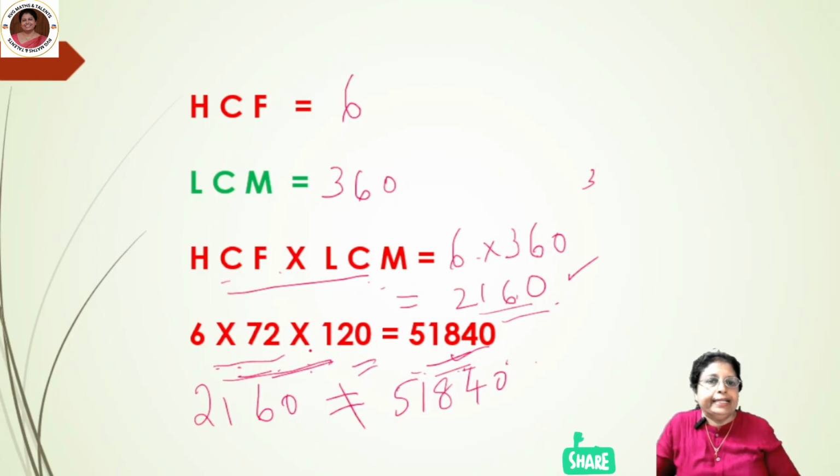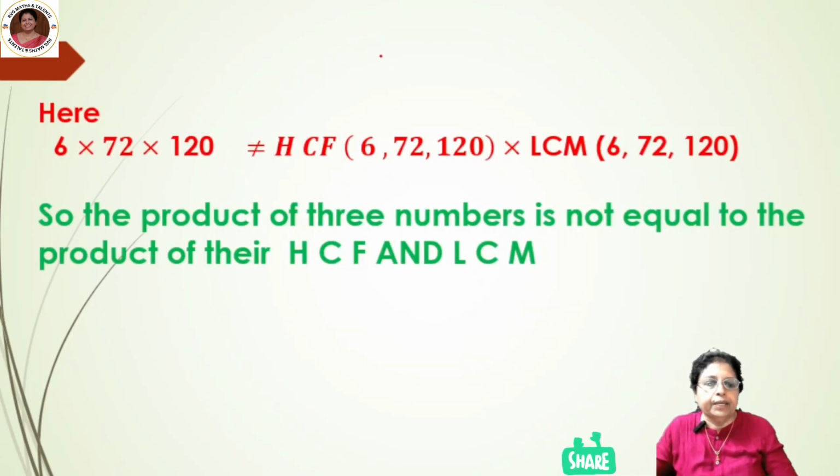That means in the case of two numbers we have seen a relation, but that relation is not satisfied here, or that relation is not true in the case of three numbers. See here, 6 times 72 times 120 is not equal to HCF of 6, 72, 120 times LCM of 6, 72 and 120.